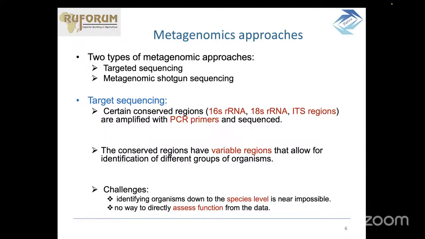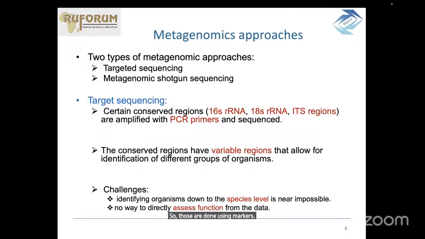So, metagenomic approaches. I'll give you briefly the two types: the targeted sequencing, which is the most commonly used because it's cheaper, and the shotgun. So how do you do targeted sequencing? Those are done using markers.